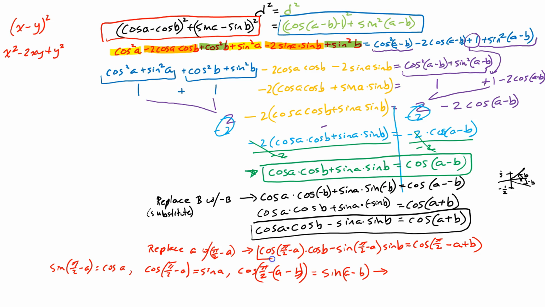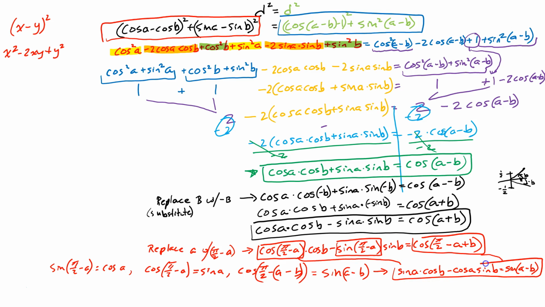So this chunk right here becomes sine A times cos B minus, well, this chunk right here, sine of pi over 2 minus A is cos A, and then sine B. And that's equal to this piece right here, which is sine A minus B. And now I have your sine difference formula. All right. Pretty cool stuff.